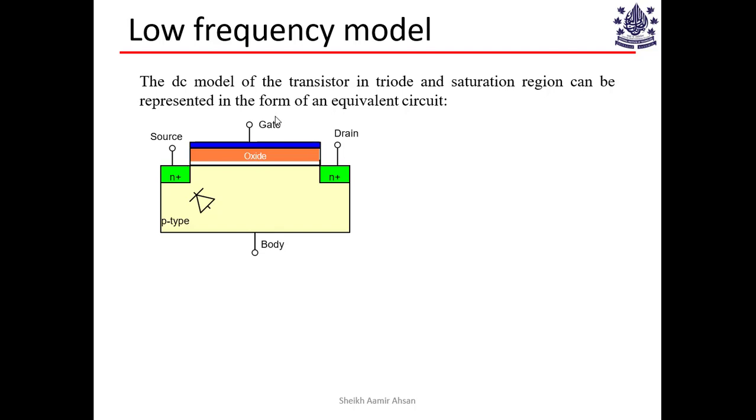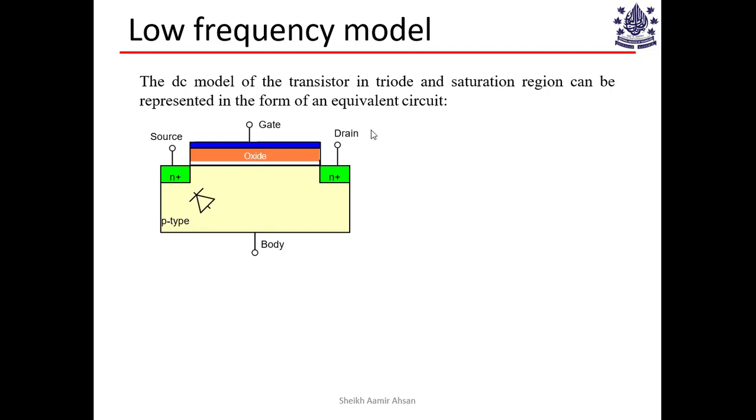So this is your typical MOSFET. As you can easily identify, you have the gate, the source, and the drain, and you also have the body terminal. Now we have these PN junctions formed between the body and the source, and the body and the drain. So far we have only discussed this structure as a device.